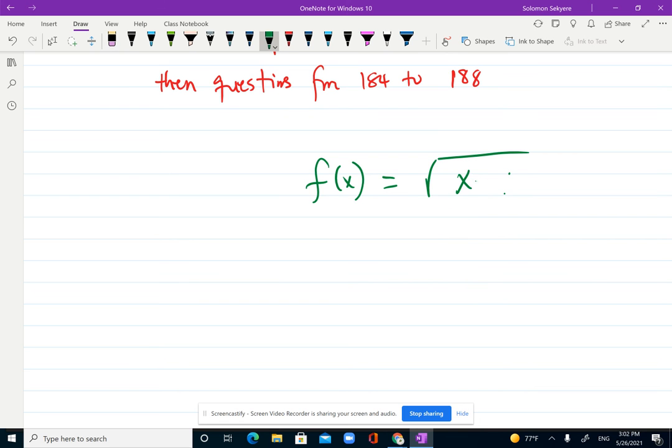It is the square root of x minus 3. If x is less than 3, so 2 minus 3, you have the square root of negative 1. It's no longer valid. So the domain of this is all values of x greater than or equal to 3. If it's equal to 3, we have 3 minus 3, which is 0. So we can start from 3 and up, but we don't want to have any negative number.